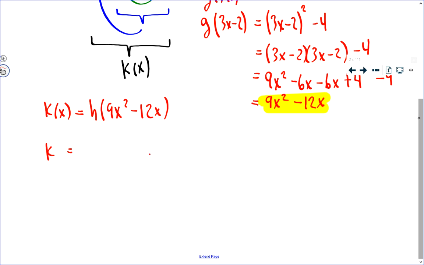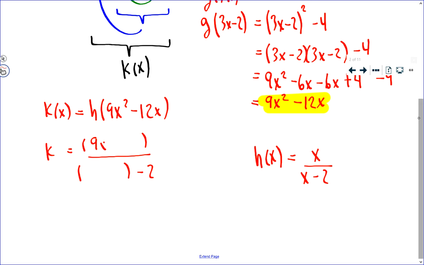Now h is a function that takes an input and divides it by the input minus 2. And I'll just write the function h of x over here rather than scrolling up. H of x was x over x minus 2. Well, that means h is a function where the input is on the top by itself, and the input gets put on the bottom, and we subtract 2 from the input on the bottom.